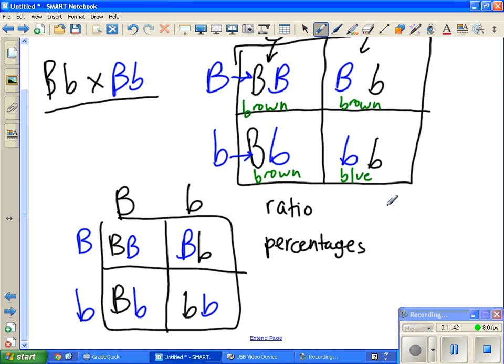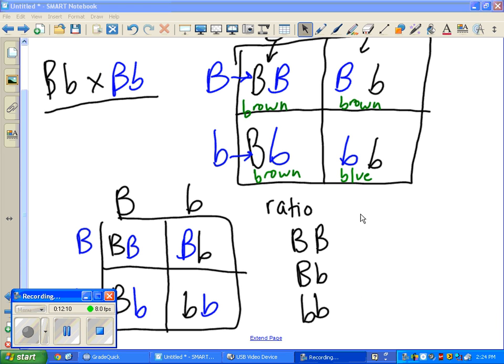Sorry, had some technical difficulties there. All the genotypes that we see in this cross as a result are homozygous dominant, we see heterozygotes, and we see homozygous recessive.